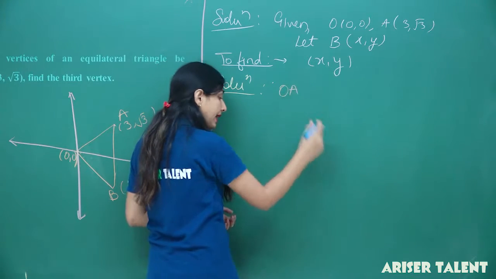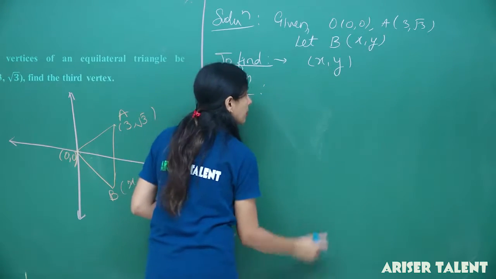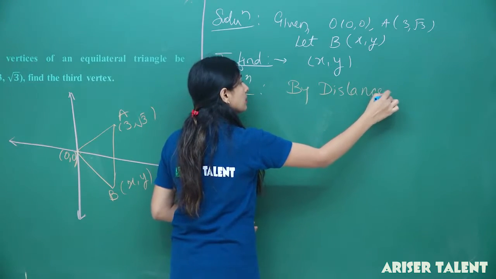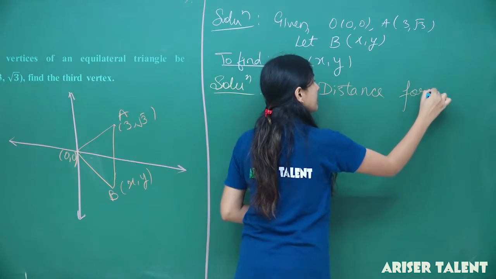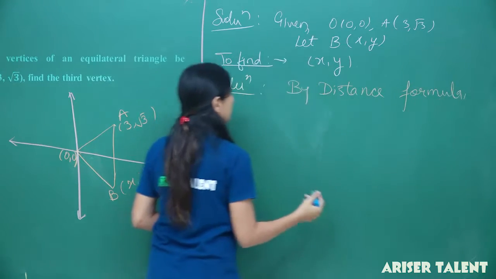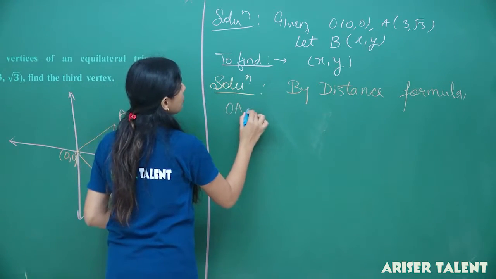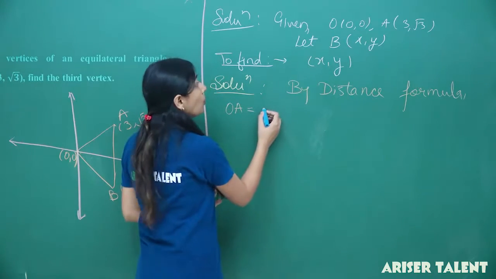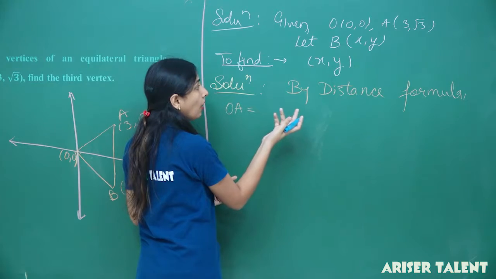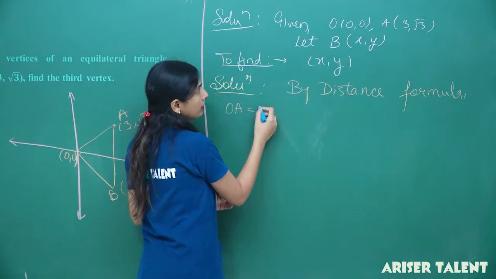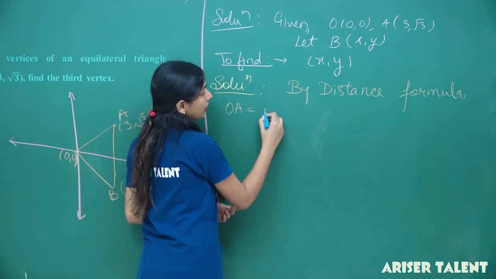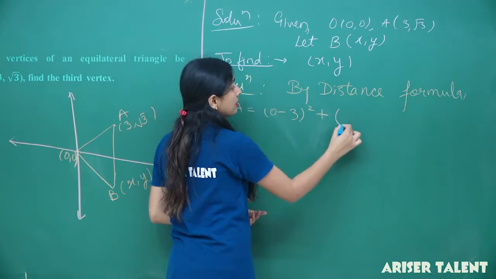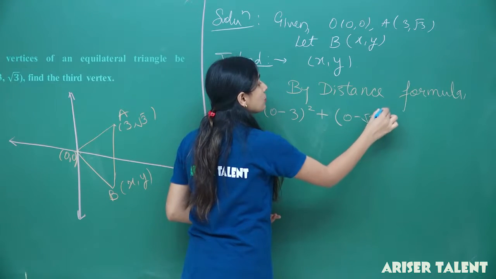OA, by the distance formula, you can write OA is equal to the root of (0 minus 3) square plus (0 minus root 3) square.